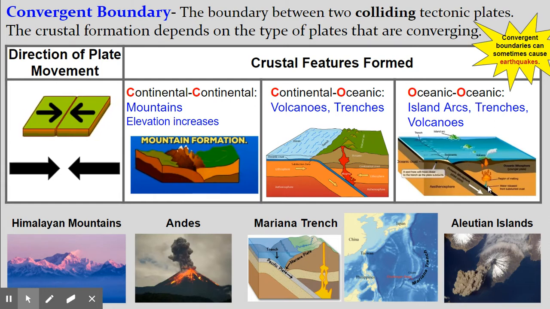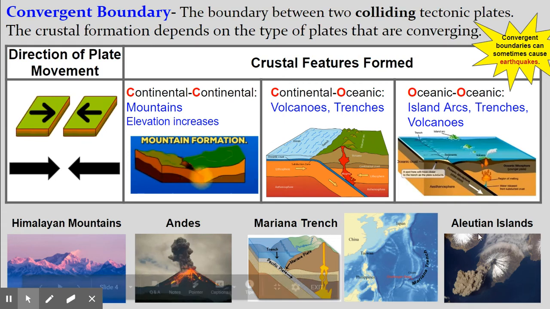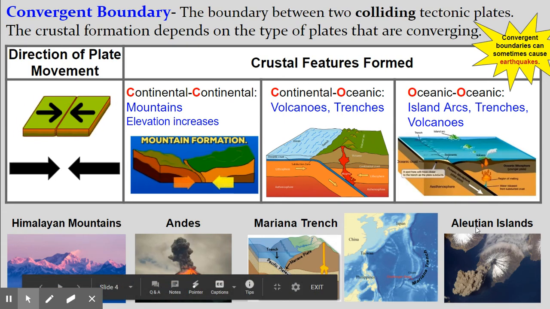And then that oceanic plate is going to melt in the mantle and push magma up, forming these volcanoes or volcanic islands, forming an arc in the middle of the ocean. One example would be the Aleutian Islands up in Alaska.